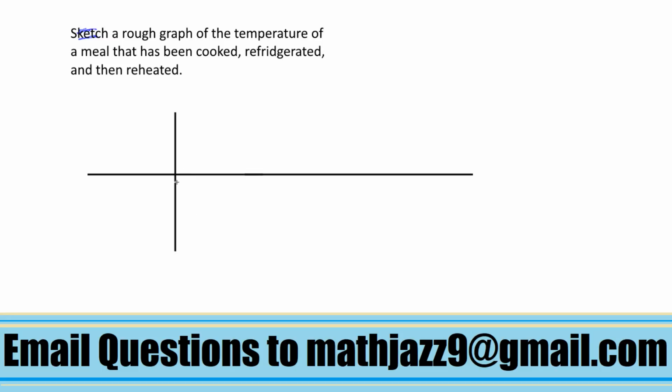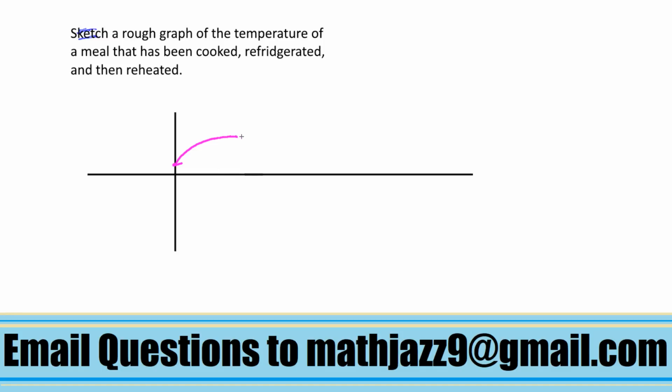Well, what's going to happen is whatever the temperature is, it's going to start at some temperature, and it's going to go up gradually. It's going to change temperature fastest and gradually slow down until it reaches basically the temperature of the pan.